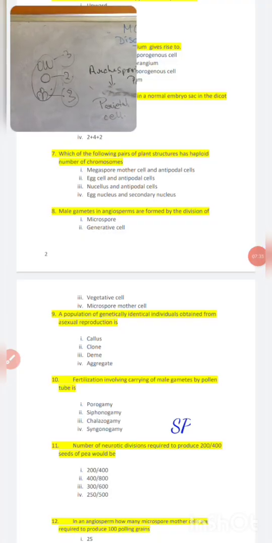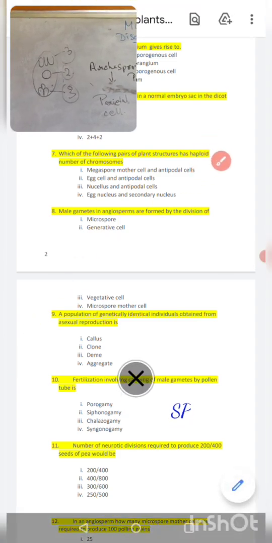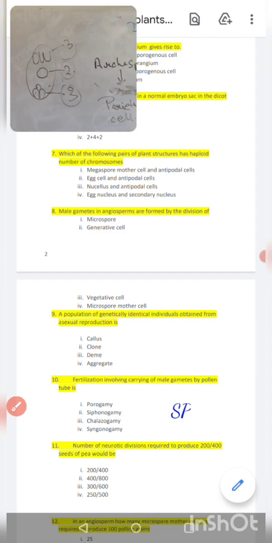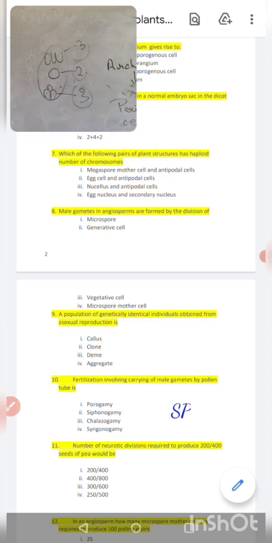Now student, moving to question number 7. Which of the following pairs of plant structures has haploid number of chromosomes? I think all the options are from the embryo sac.